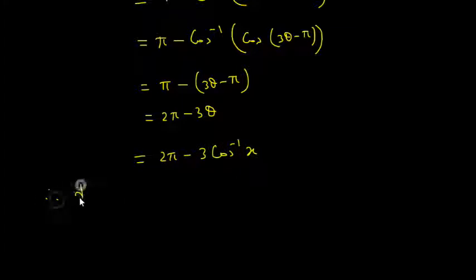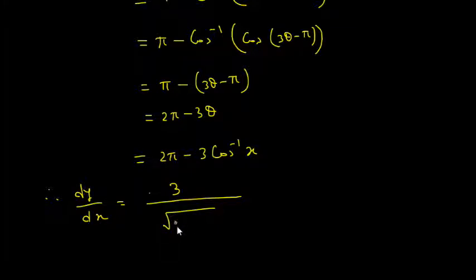Therefore, dy by dx is equal to 3 upon under root 1 minus x square. And this is the answer.